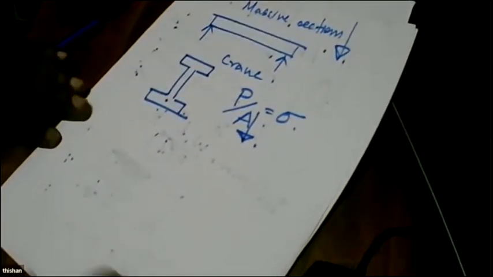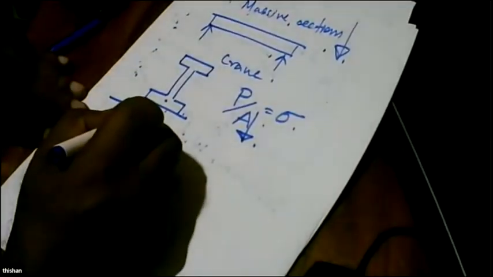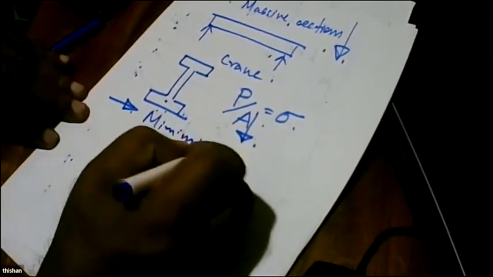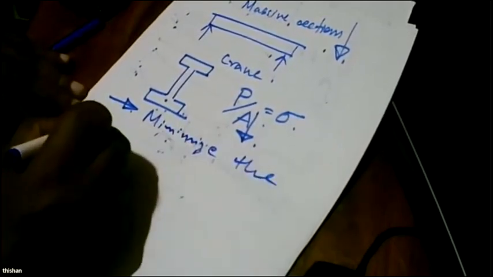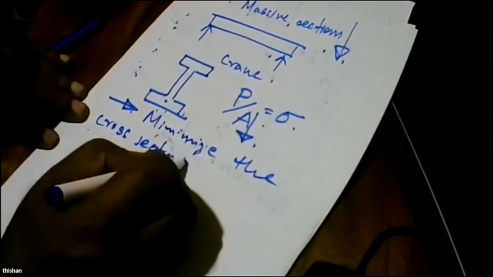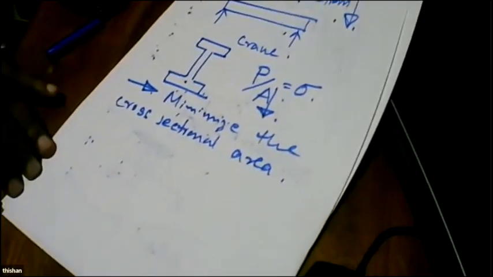So in pre-stressed concrete, the fundamental theory is to minimize the cross-sectional area. Minimize the cross-sectional area. That is the theory.